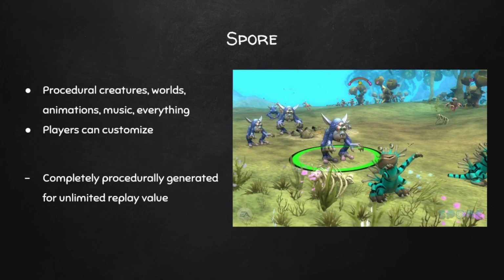But one thing that came with that is players can customize things. That's not necessarily procedural generation, but just something that sets this game apart. And this provides almost unlimited replay value. They have an online thing on their website that also shows every creature that people have made and uploaded. It's pretty crazy.